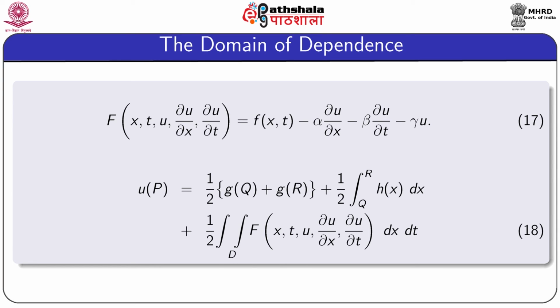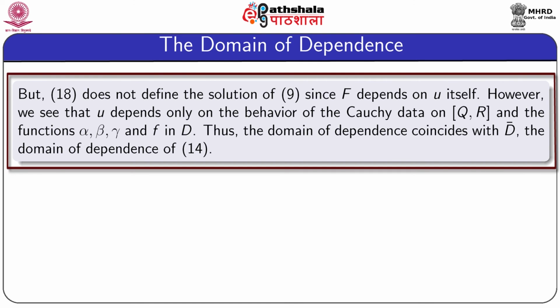But if you observe the solution, u at the point P depends on the value of u also, which is in the double integral. Therefore, the solution for this case cannot be written in explicit form.